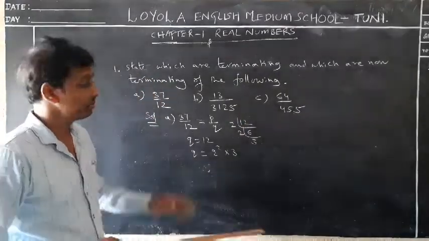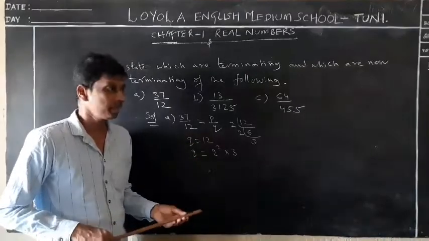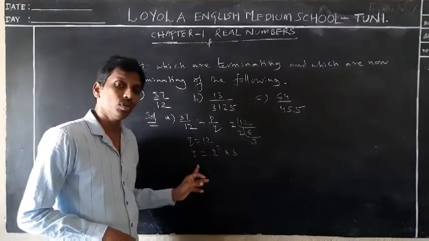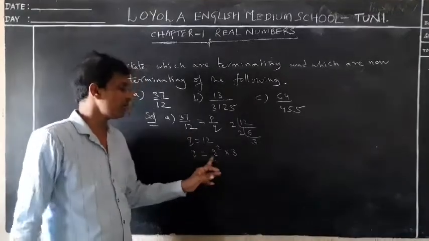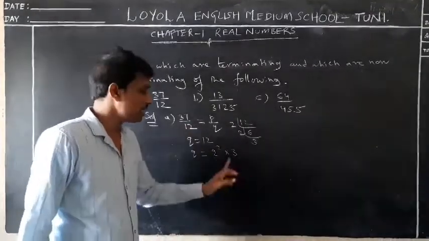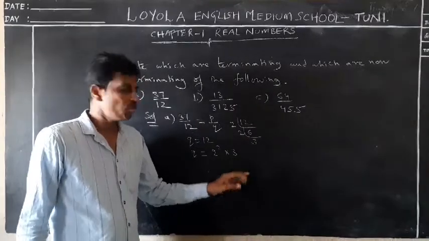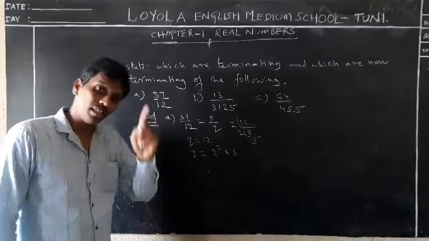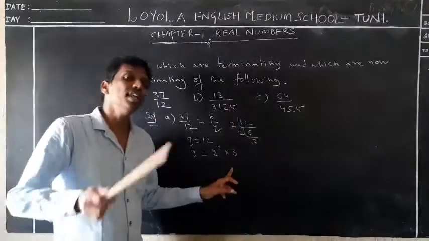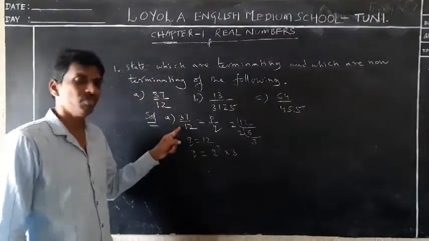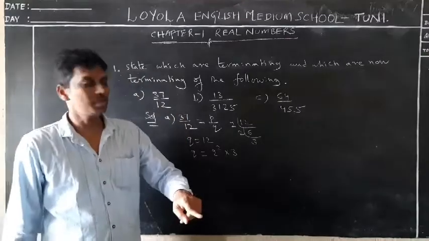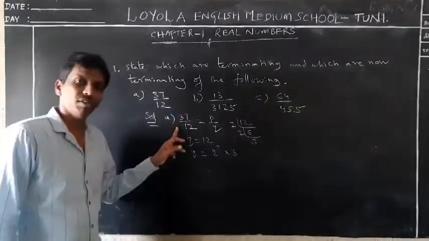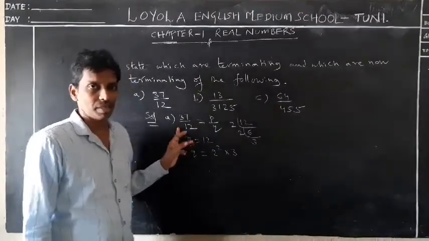If you observe the explanation carefully, the denominator, that means the value of q, must be in the form of 2 power n and 5 power n. If only 2 is present, the given fraction is a terminating decimal. If only 5 is present, the given fraction is a terminating decimal. If both are present also, the given fraction is a terminating decimal.